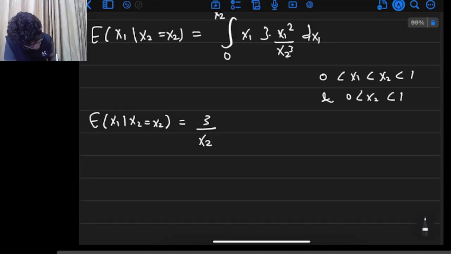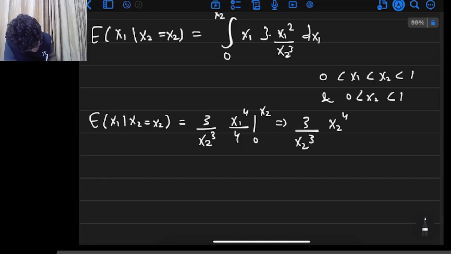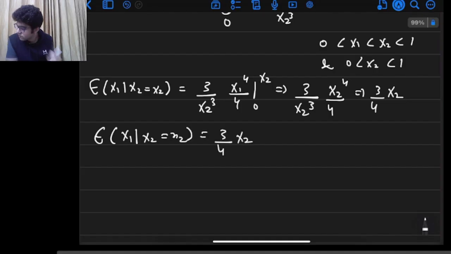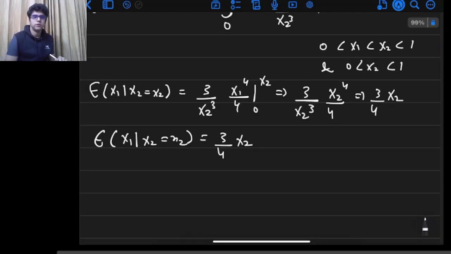So 3 by x2 cube, and this gives me x1 cube. So this becomes x1 to the power 4 divided by 4 from 0 to x2, which gives me 3 by x2 cube and x2 to the power 4 divided by 4, which gives me 3 by 4 x2. So this is my value.